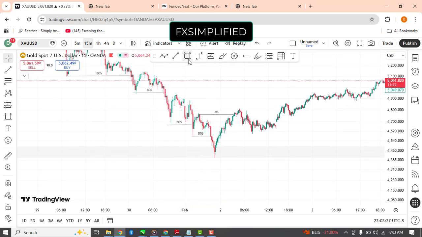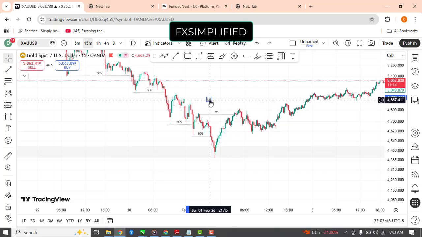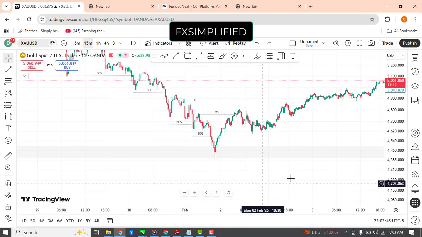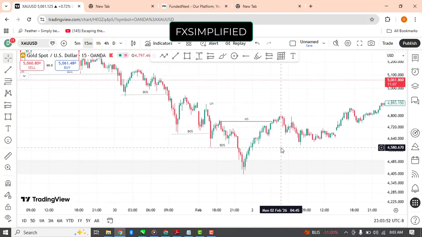I think I should just write this so that you can understand. So, this is the lower high. I think I should zoom my screen more so that you can see this very well.